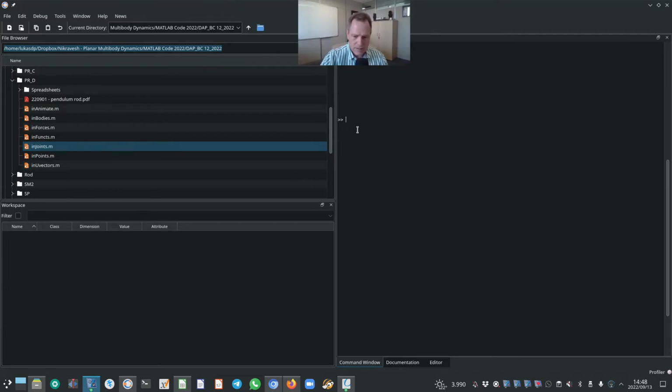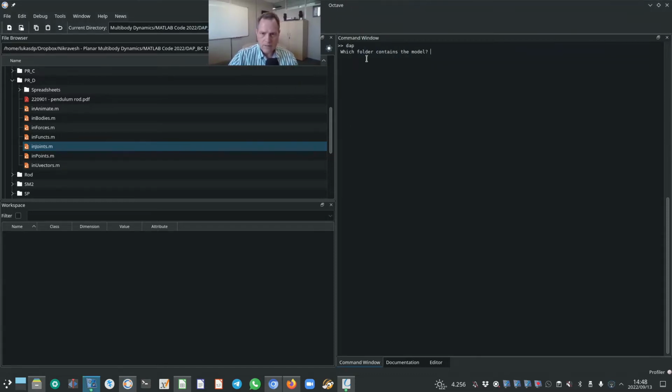Okay, so we are now ready to run the simulation. In order to do that, we go to command window and we enter DAP. Let me just move this a little bit. It then asks which folder contains the model, and for our case it is pendulum rod subscript D. It asks if we want to correct the initial conditions, and yes, we do want to do that.